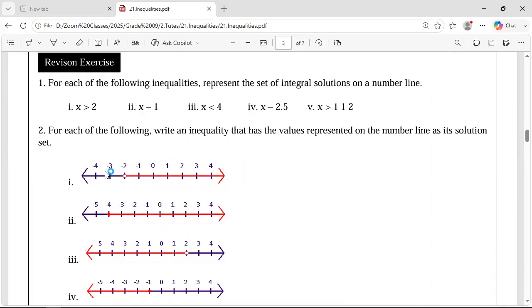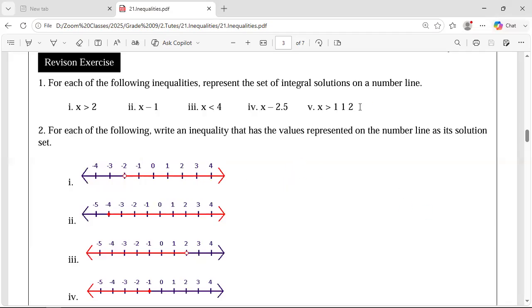But when it comes to this point, for each of the following, write an inequality that has the values represented on the number line as its solution. Okay? So by looking at the number line, how are we going to write down the inequality the other way?